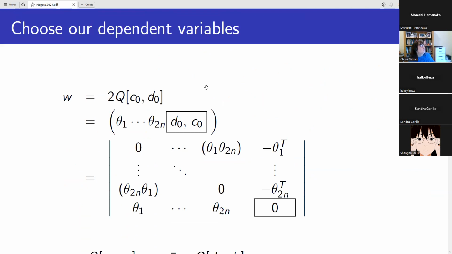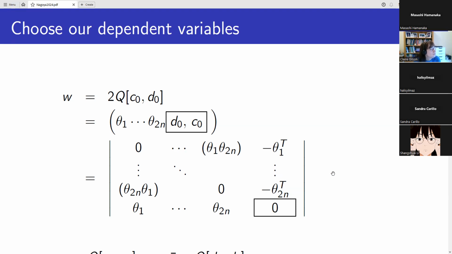So I'm going to choose my W to be, which is my solution to the equation, the quasi-determinant with, I'm now moving to thetas. I had F's and G's before, so the thetas are like the F's and the G's. So the thetas are the F's, the theta transpose are the G's.